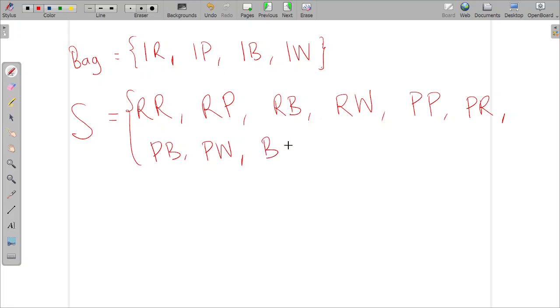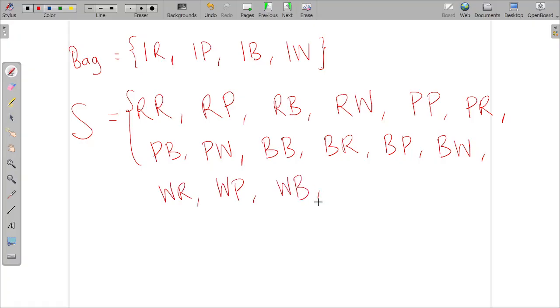Then we'll go to blue: blue, blue; blue, red; blue, pink; blue, white. Then we'll go to white: white, red; white, pink; white, blue; and of course, white, white. All right, so this is the sample space.